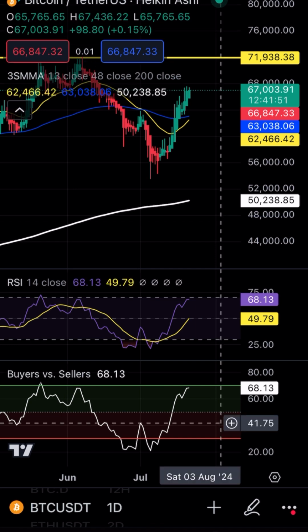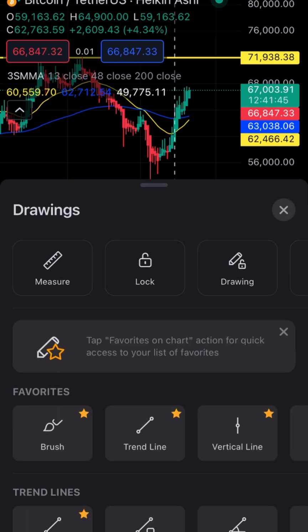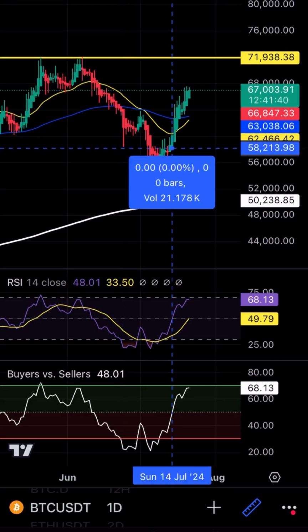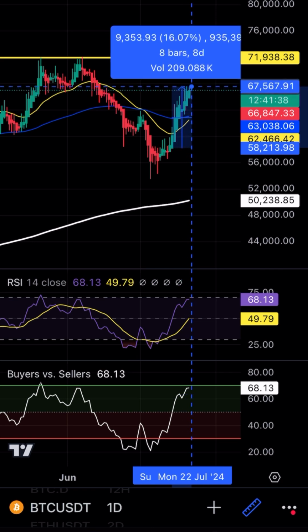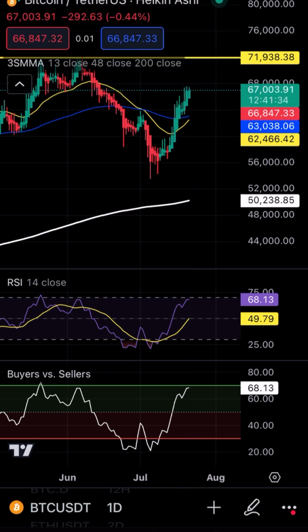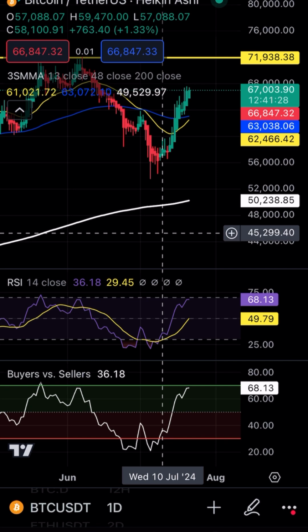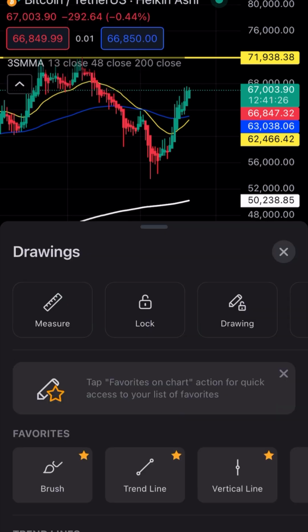So from looking at the buyers and sellers, we can see that in between, we would have got in right about here. Got in right about here, ride it all the way out, and this would have been your profit zone. It has not closed yet because the RSI has not closed. But you could have got in right about here, and you would have got into a big trade.